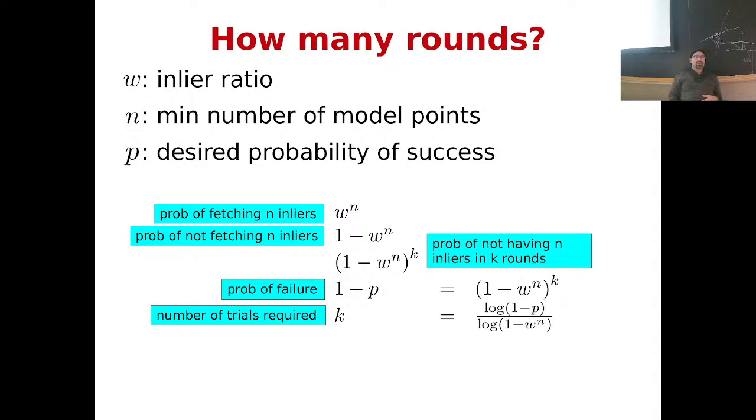I mean, among the trials or within the same RANSAC run? Yes, the idea was that there is the danger that in one iteration we have a certain liar ratio, and then in the following iteration we have a slightly different one.